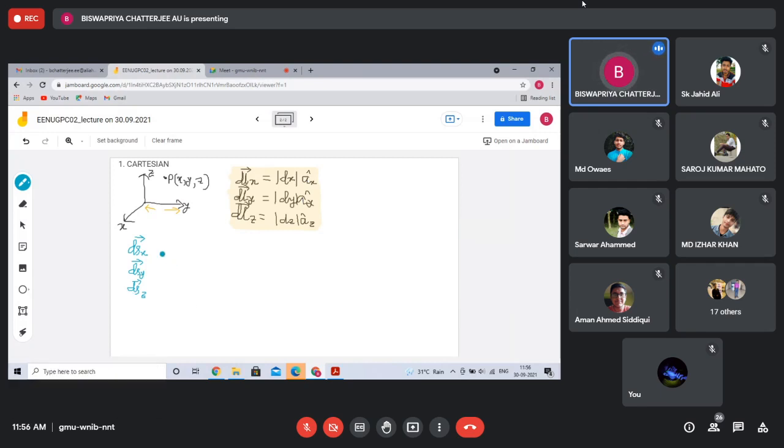Now the question is how dsx can be generated. As I pointed out just now, x is constant. X is constant means the remaining two variables, dly and dlz, need to be varied.